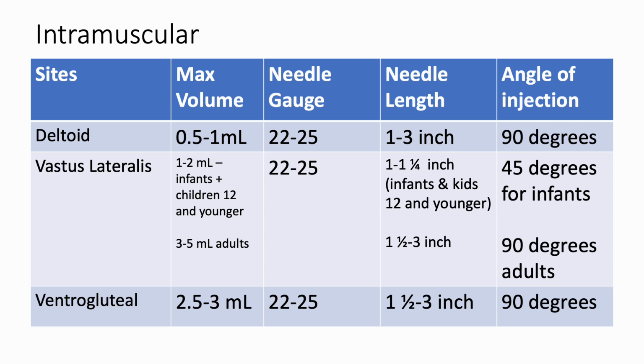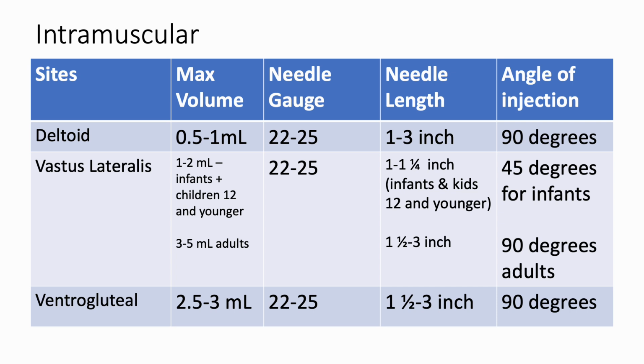However, if you have an obese patient with a lot of adipose tissue, you may need to go up to as much as a 3-inch needle. With all of these intramuscular sites, we're looking at a 90-degree insertion angle. The only exception is when we are giving an injection intramuscularly to an infant in the vastus lateralis, where we go at a 45-degree angle.